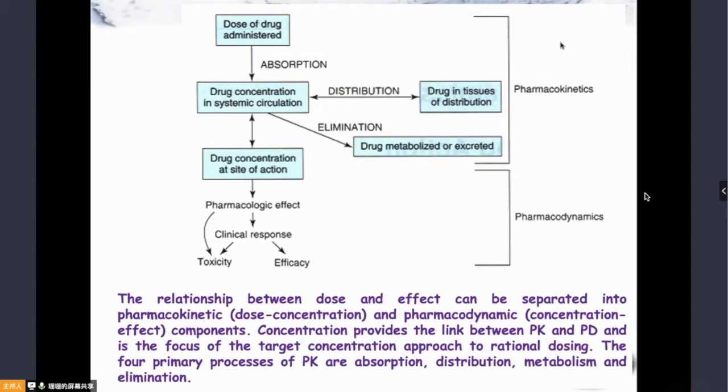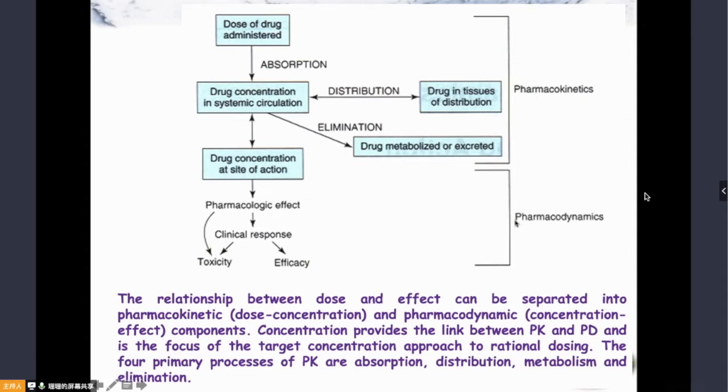So here is a graph showing the relationship between dose and effect of a drug. This dose and effect can be separated into PK and PD. Here you can see the drug concentration provides the link between PK and PD.